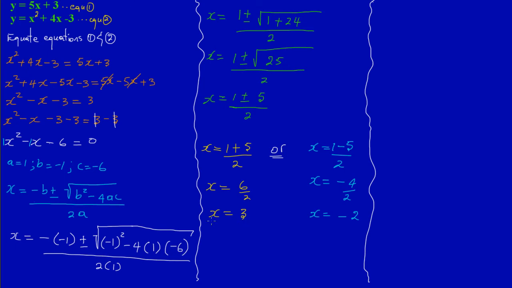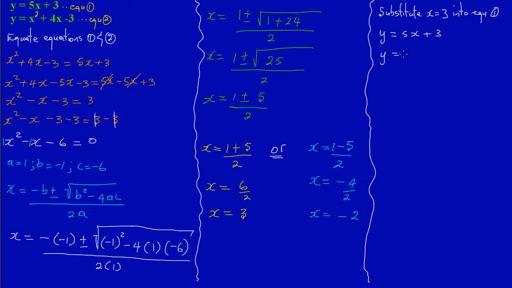We found x to be 3, so I'm going to substitute x is equal to 3 into an equation, and I'm going to choose the simplest equation, which would be equation 1 in this case. So equation 1 states that y is equal to 5x plus 3.